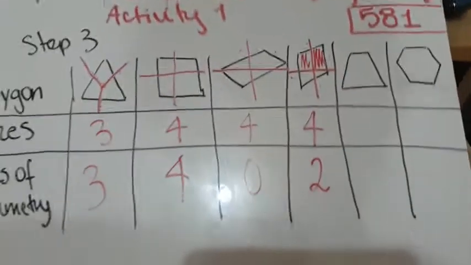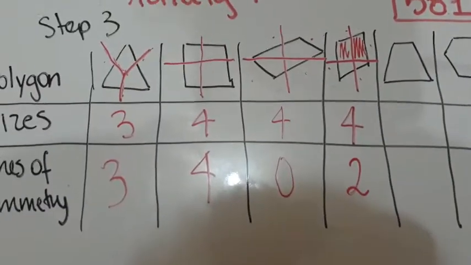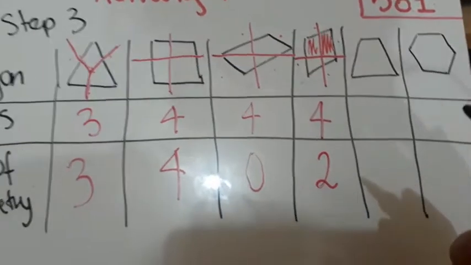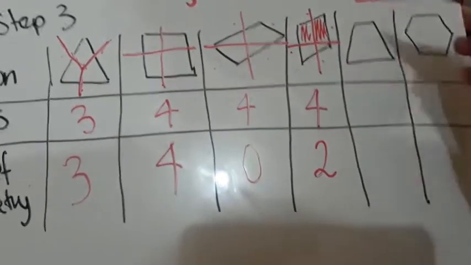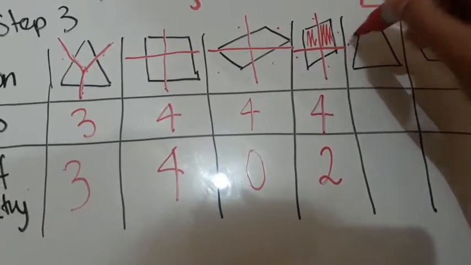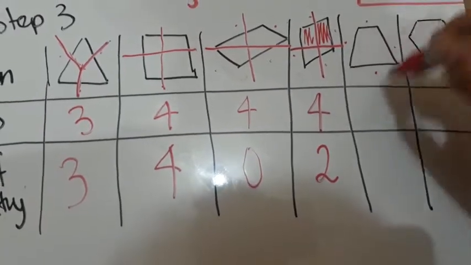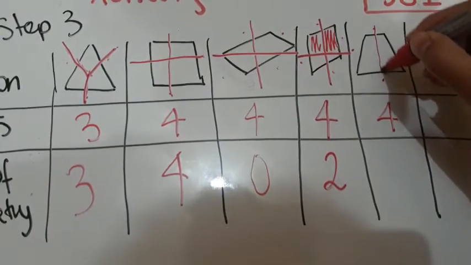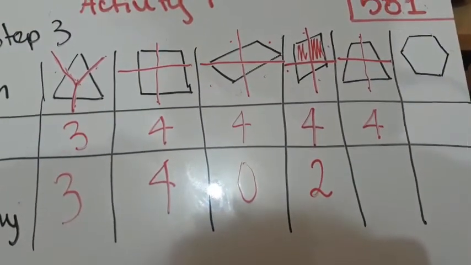Okay, let's go with the trapezoid. Okay, we are going to check if we have line symmetry. We are going to count the amount of sides. 1, 2, 3, and 4. Okay, we are going to find line symmetry.